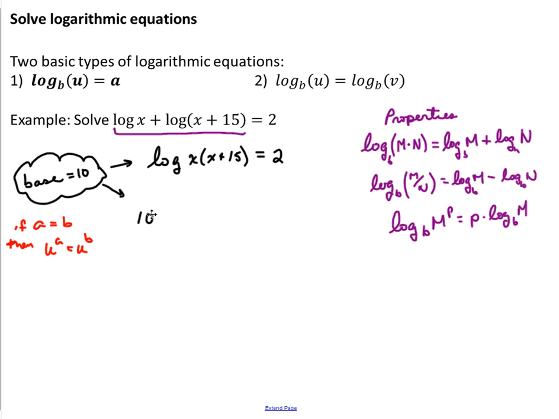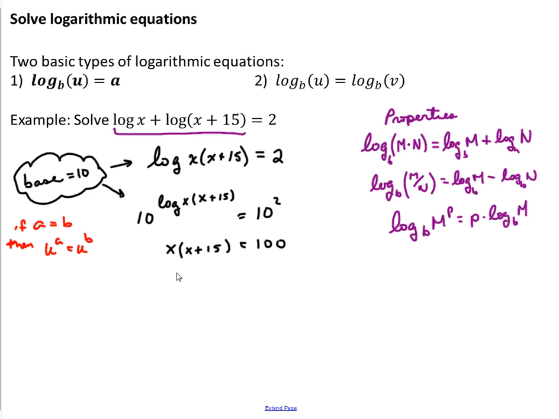So we've got 10 raised to the logarithm of the quantity x times x plus 15, and that will be equal to 10 raised to the power 2. Well, our logarithm base 10 and our base 10 undo one another and leave us with x times x plus 15, and that's equal to 10 squared. Well, that's 100.